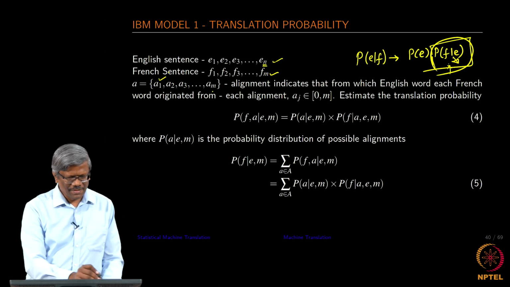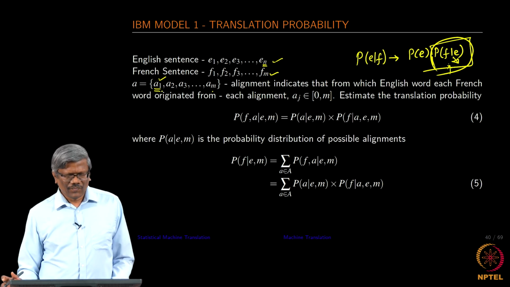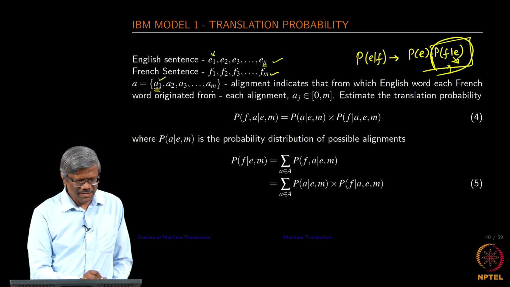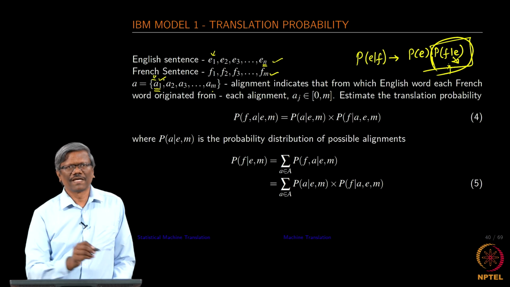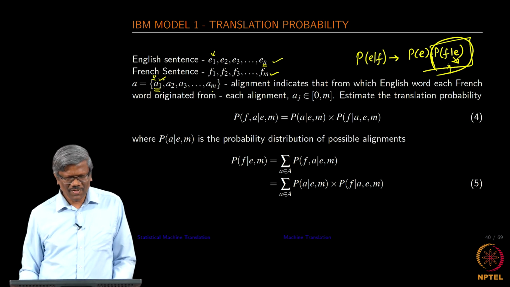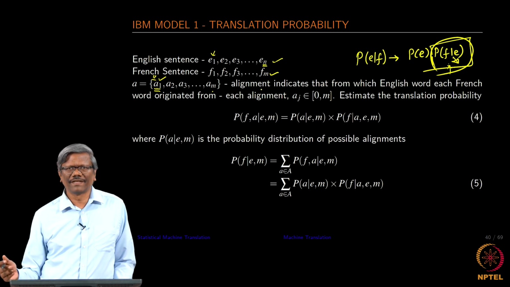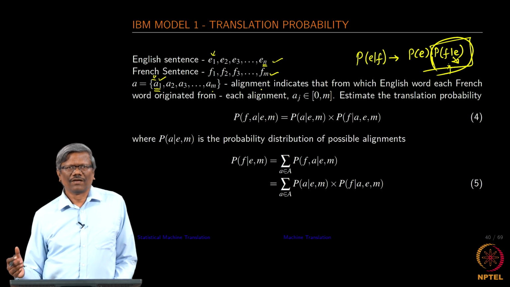That means this corresponds to the position in the English sentence. For example, if this is the first word in English, we will write this as 1. We have seen this a few times earlier, so I do not need to explain it further. This is an alignment that indicates from which English word each French word originated.